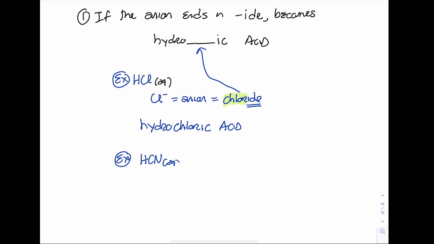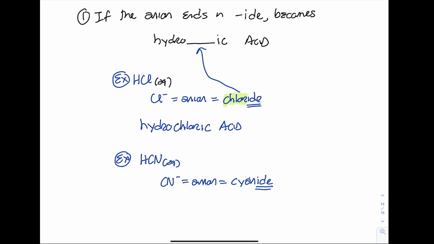HCN, I have an AQ after it, so we're going to recognize it as an acid. CN- is my anion. This was one of the polyatomic ions that you needed to learn. If you didn't learn them, then you wouldn't know that it ends in IDE, and you may name the acid incorrectly. But that anion is cyanide. Cyanide ends in IDE.